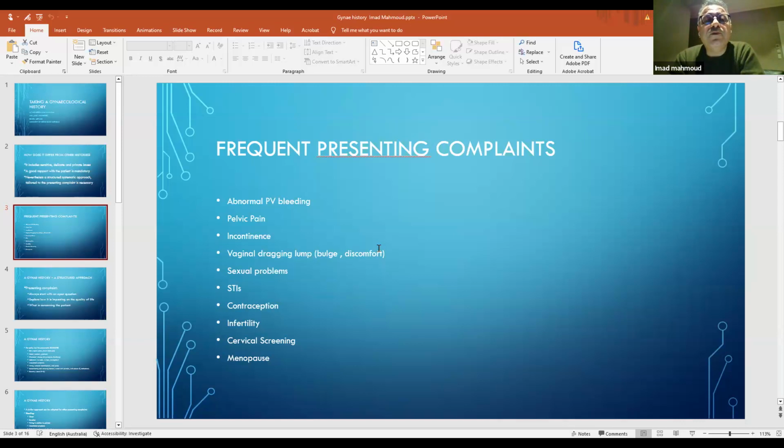They also might come to you with sexual problems, including painful sex or discharge or tenderness. The other thing is STIs. STIs means sexually transmitted infections, like gonorrhea, chlamydia infection, and other things. Contraception is another problem.